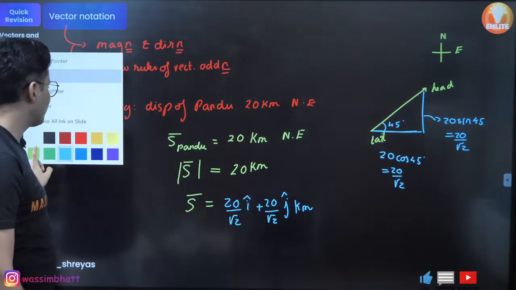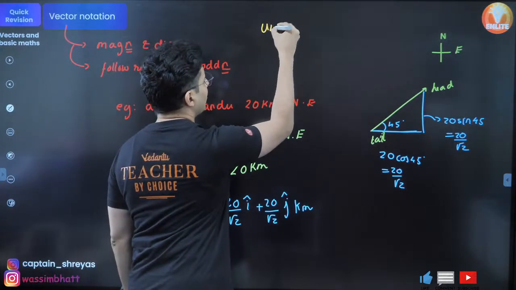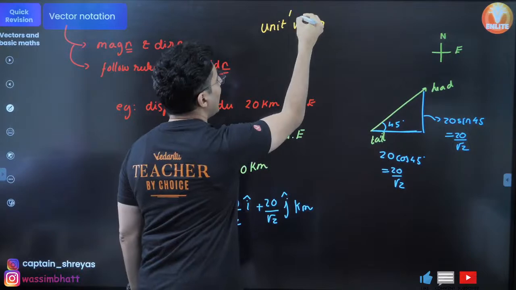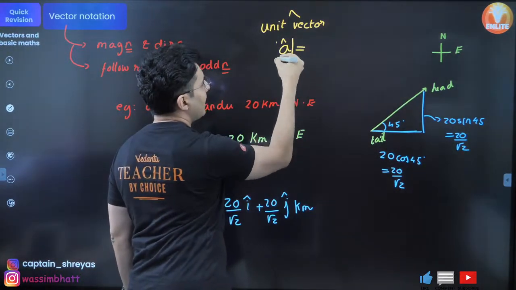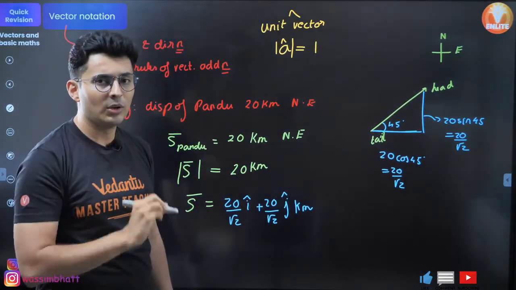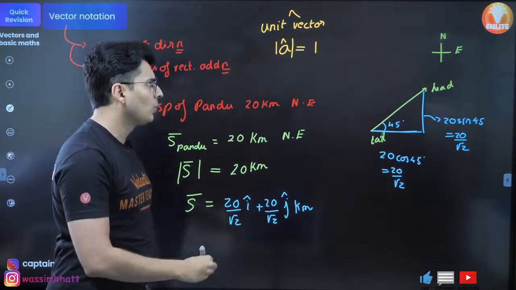Also remember, you have something called as the unit vector. So a unit vector always has a hat over it. So if I say a hat, it means it has a magnitude of 1. B hat magnitude 1, C hat magnitude 1, I hat magnitude 1, J hat magnitude 1, K hat magnitude 1.